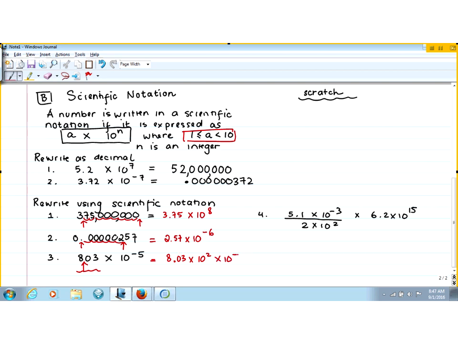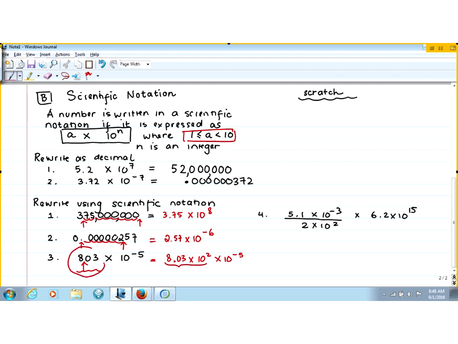But I still have 10 to the negative 5. So at first, I'm not doing anything with my 10 to the negative 5 yet. Did you see it? Did I do anything with my 10 to the negative 5 in the beginning?